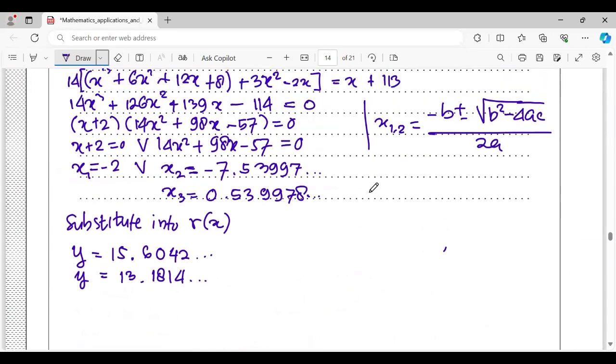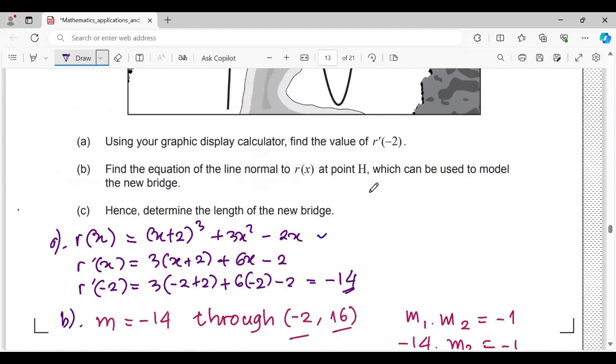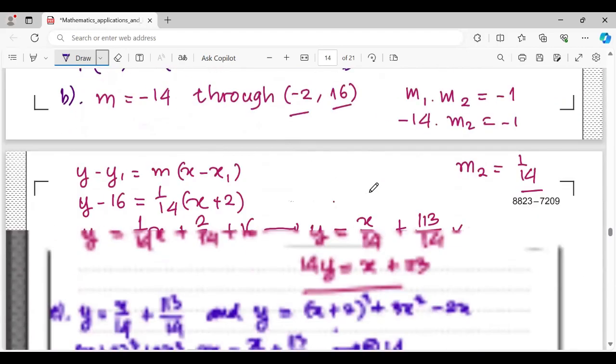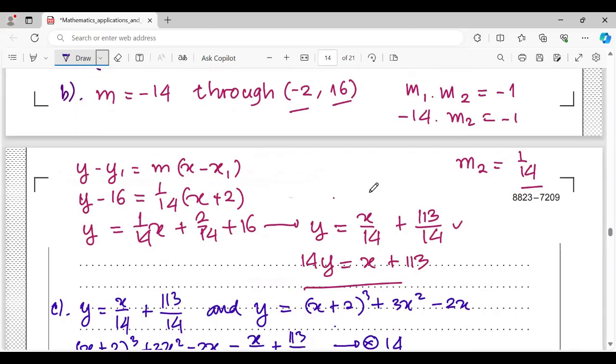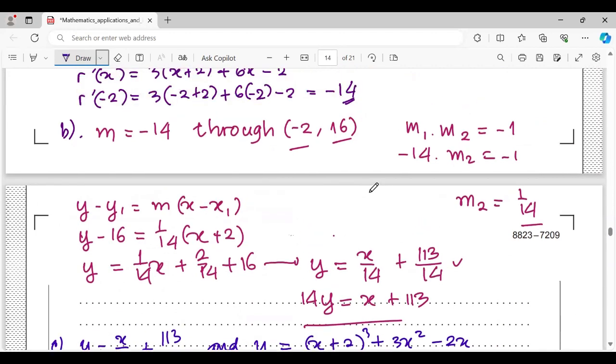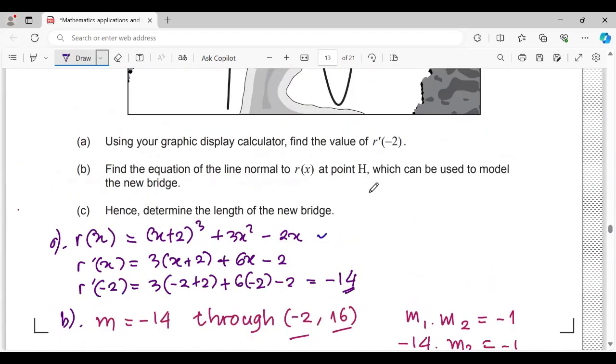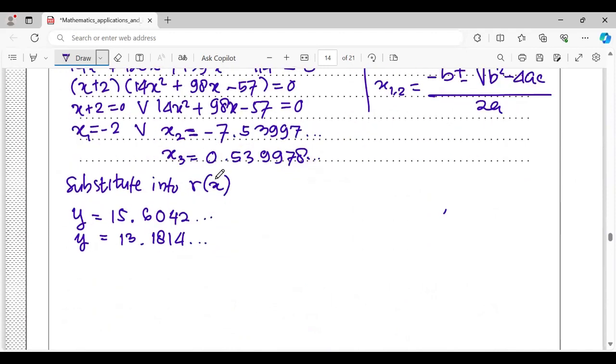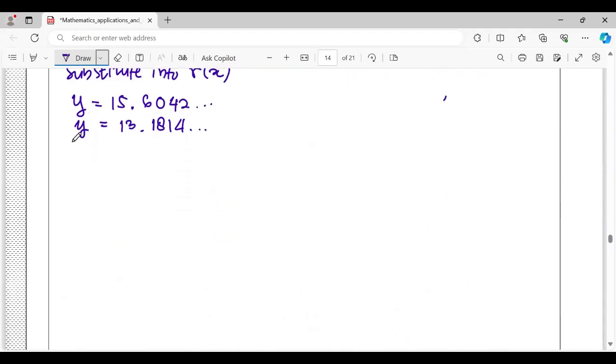Now D. By D, we determine the length of the new bridge. Not finished yet. The length means the distance.